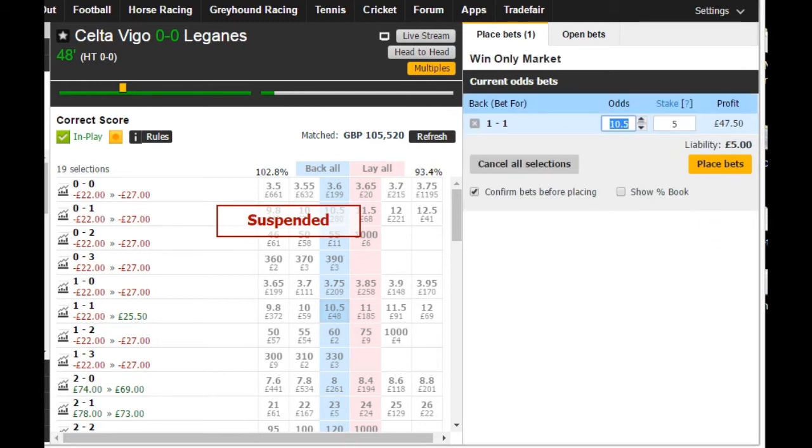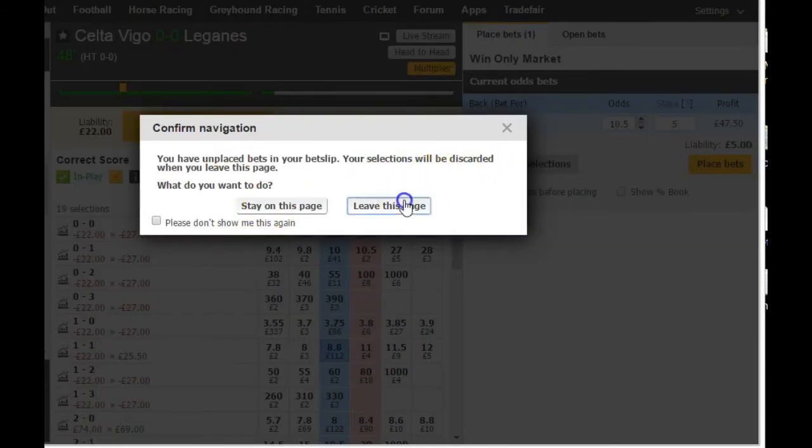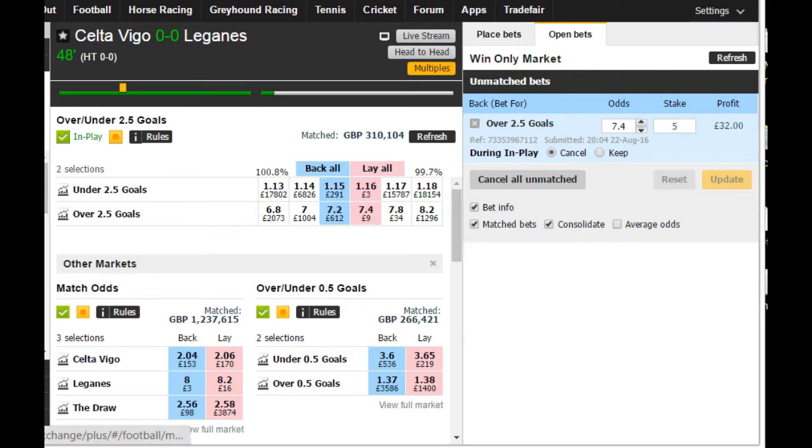What I'm trying to show you really is that, if you're looking at almost a total wipeout, then what you can do is increase your liability, but very, very cheaply.